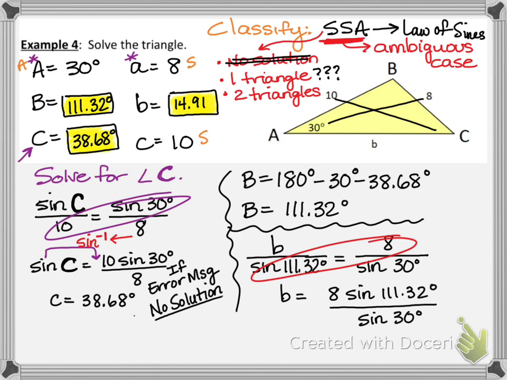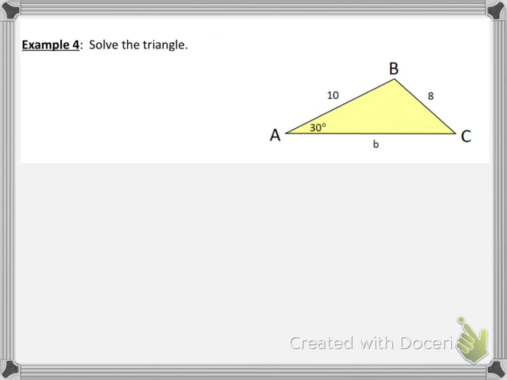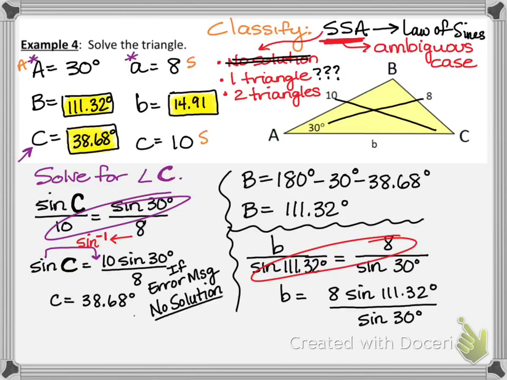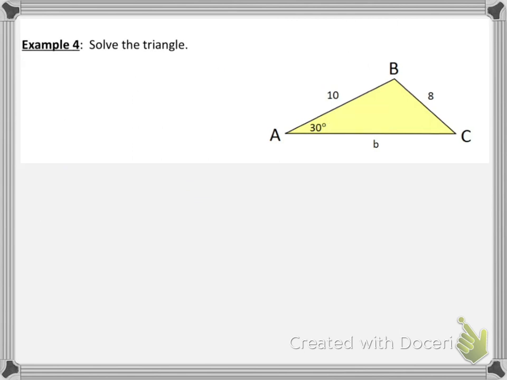So here's what you're going to do. I'm moving on to the next page. All I'm going to do is redo this problem all over again. If you find one example to work, which it does, I need you to redo the problem, but change one thing. So here's my problem, and I'm going to redo it again.